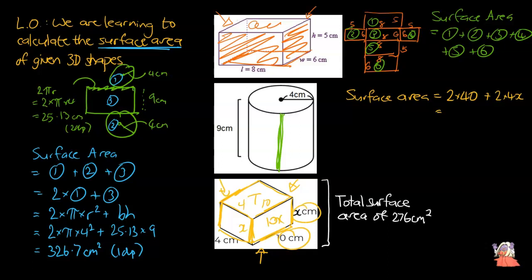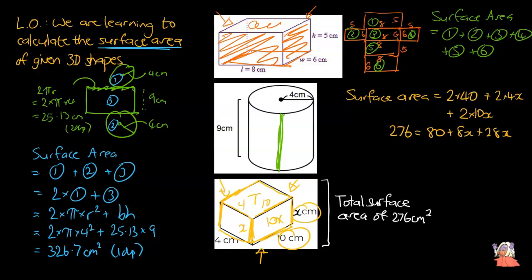Oh gosh, I wrote equals, but we're going to be adding 2 times 10x. Now we've got the beginnings of an equation. I'm also going to substitute the surface area into that, and then simplify this right-hand side to make it solvable. So I know 276, which is the surface area, is going to be equal to 80 plus 8x plus 20x.